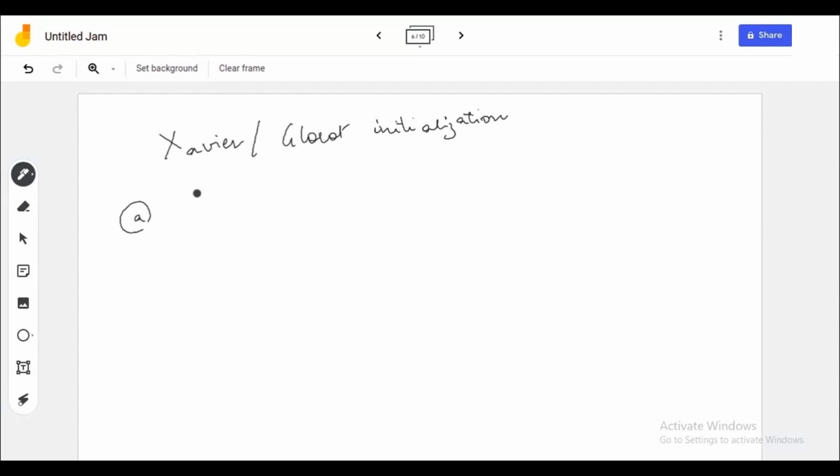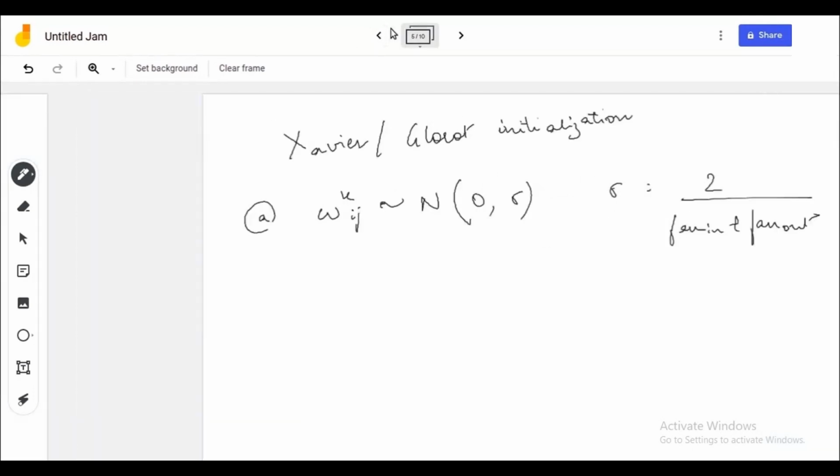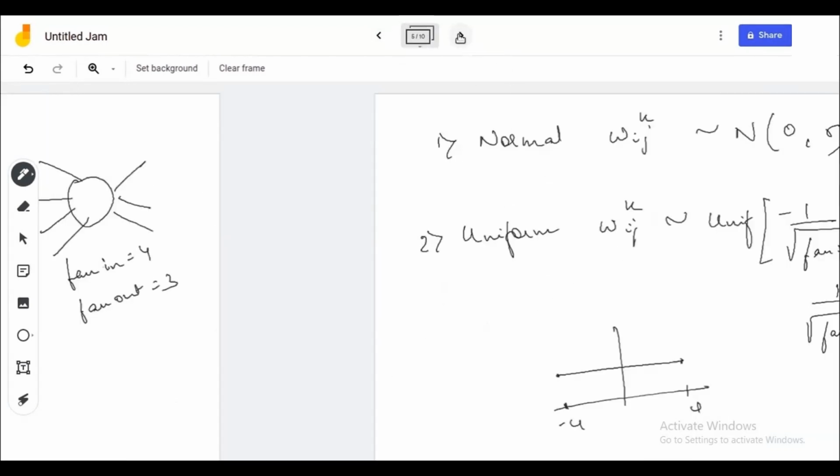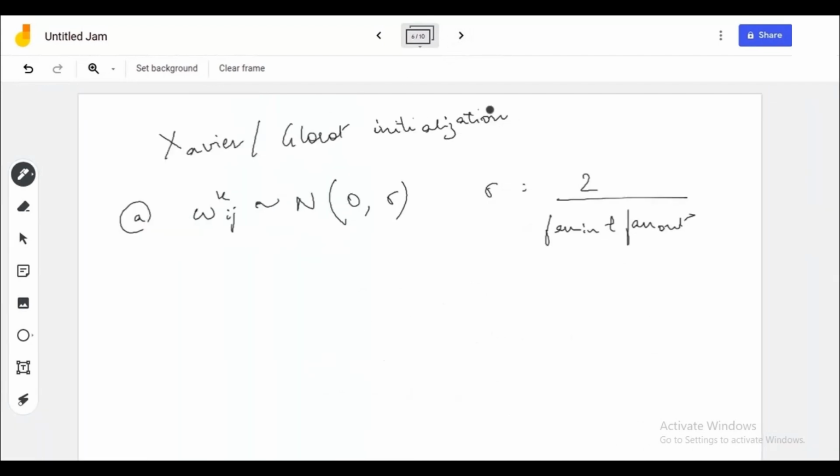So first, let us look into the normal initialization, where weight Wkij comes from a normal distribution which lies from 0 to sigma, and sigma is 2 by fan in plus fan out. Now this is the first time that both the number of inputs and outputs have been taken into consideration. So this is Xavier or Glorot initialization for normal distribution.